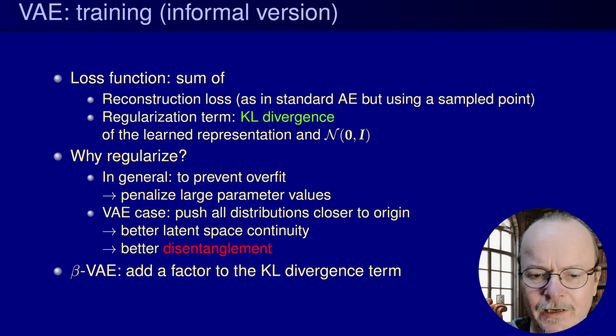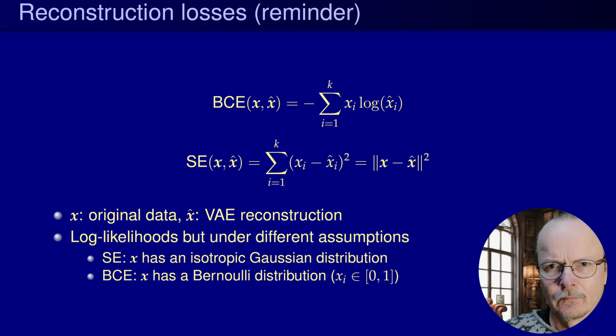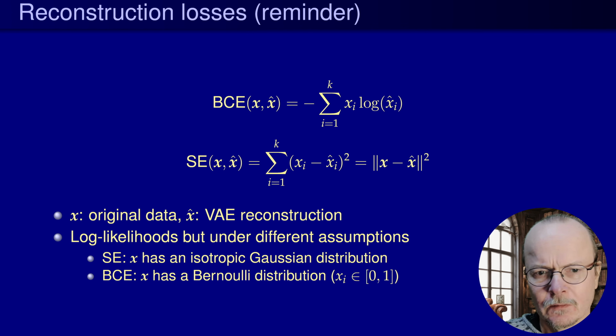Let's next recall how these component losses, the reconstruction losses and the KL divergence, are defined. As with the standard autoencoders, our reconstruction losses are the binary cross entropy and the squared error.